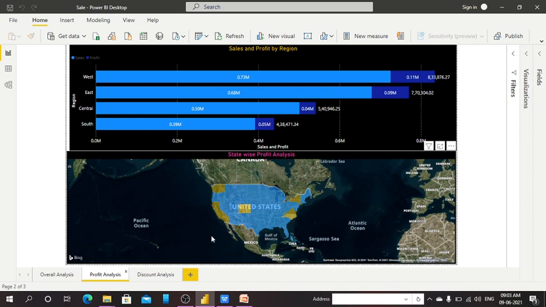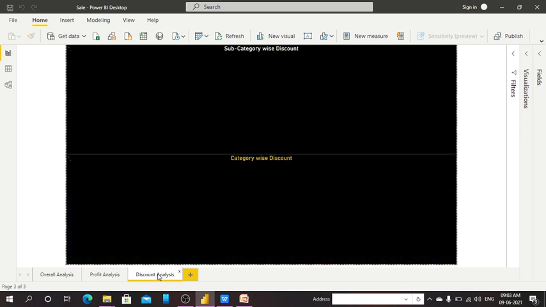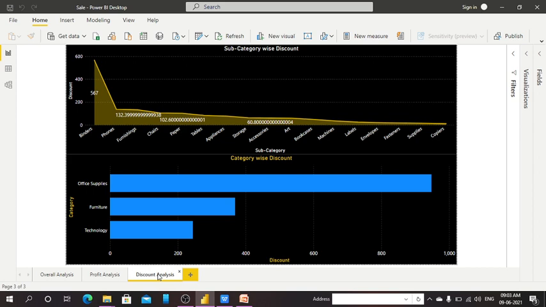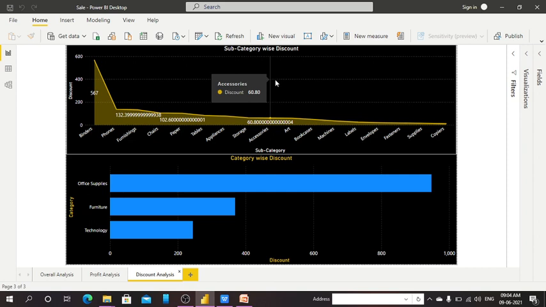Next I am plotting the discount analysis. So we can do subcategory-wise discount analysis. Copiers have very little discount, similarly supplies have very little discount, and binders have a good discount.